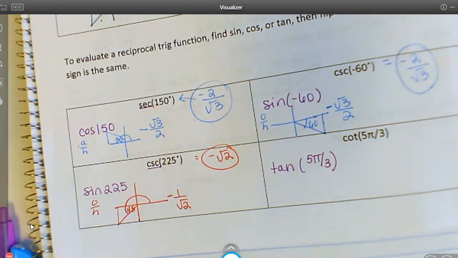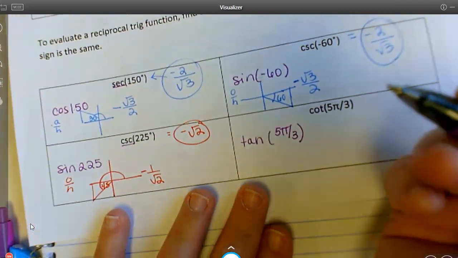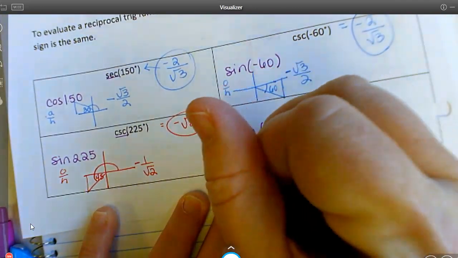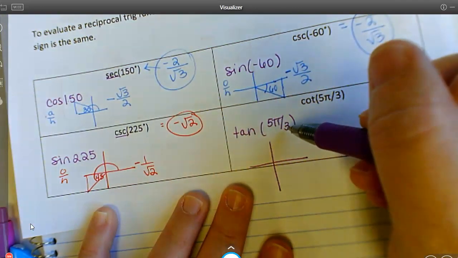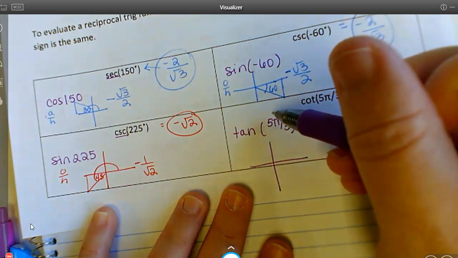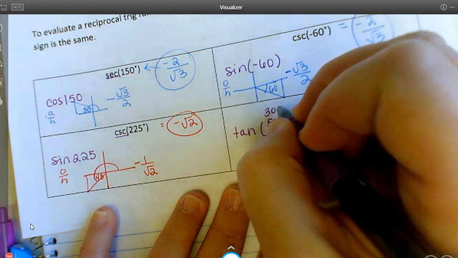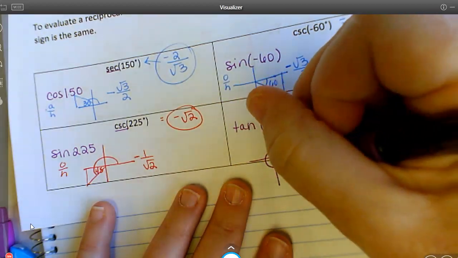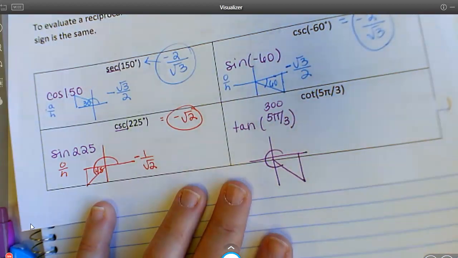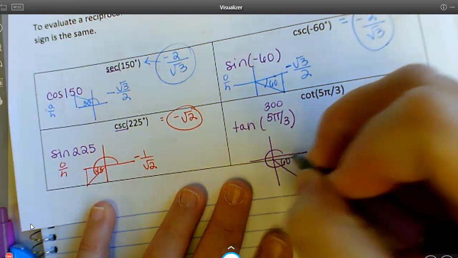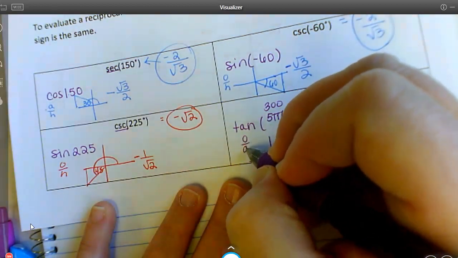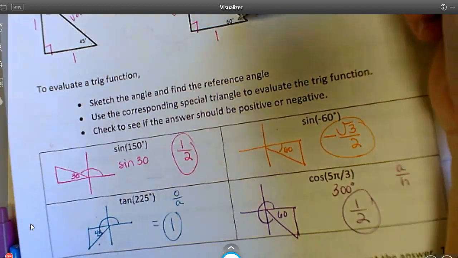Last one. Tangent of 5 pi over 3. So pi over 3 is 60. 60 times 5 is 300. So I'm going around here to 300. What's that reference angle? 60. Tangent's O over A, so come up here to 60.